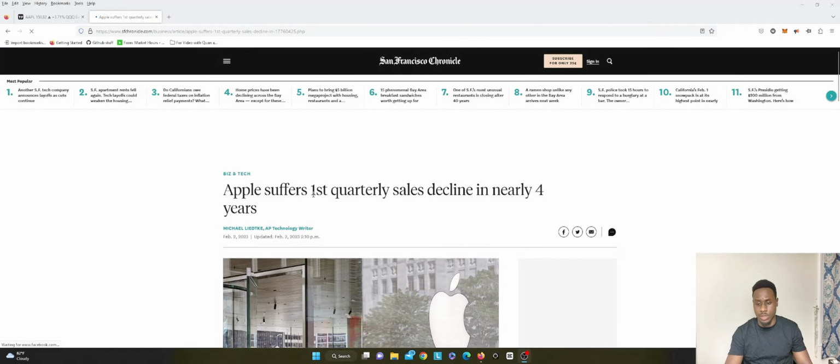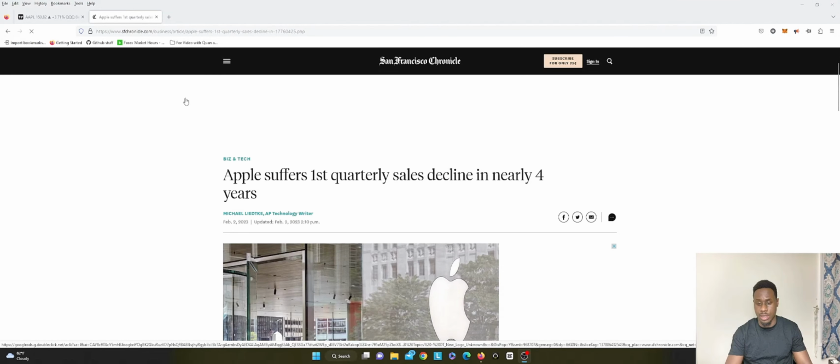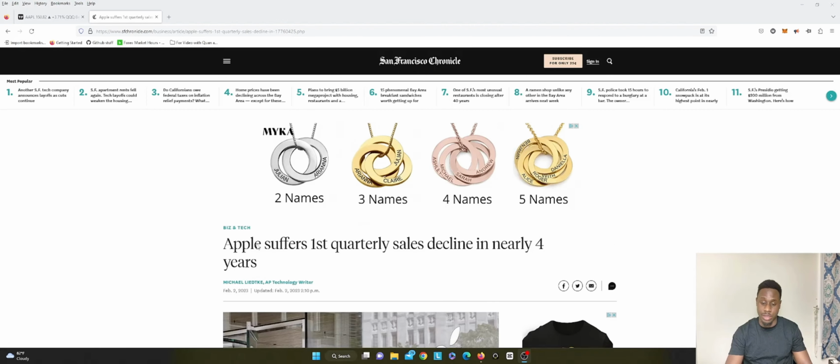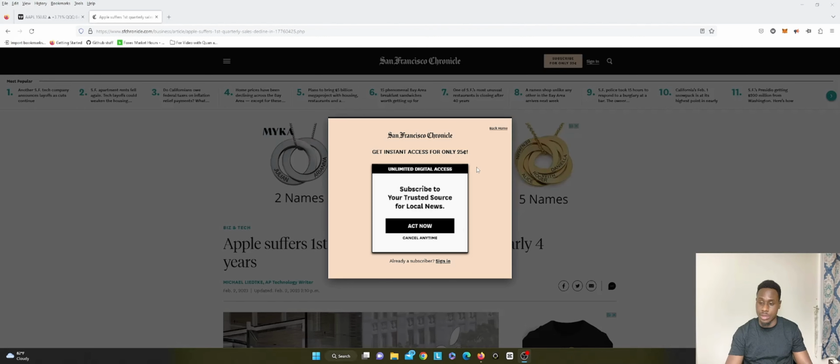So Apple suffers first quarterly sales decline in nearly 4 years. Apple on Thursday posted its first quarterly revenue drop in nearly 4 years.